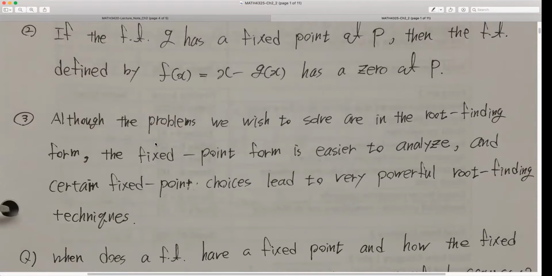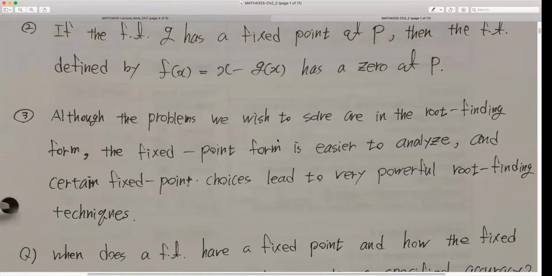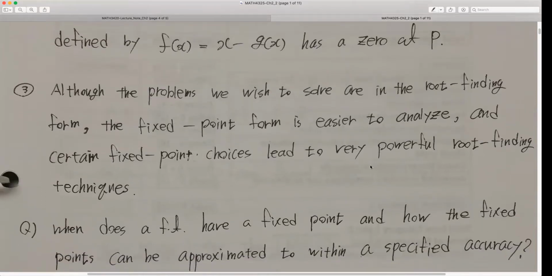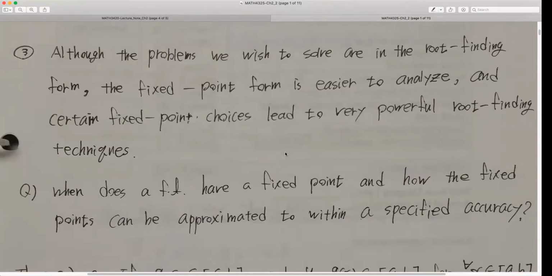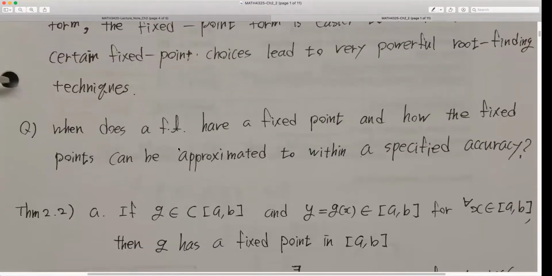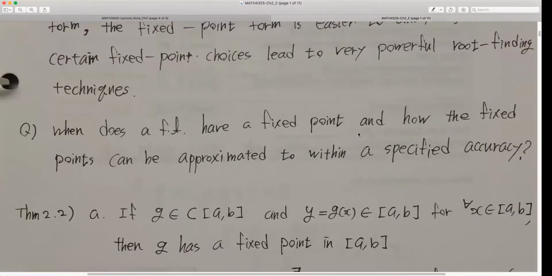Although the problems we wish to solve are in root finding form, the fixed point form is easier to analyze, and certain fixed point choices lead to a very powerful root finding technique. So the question is, does a function have a fixed point, and how can fixed points be approximated to within a specific accuracy?